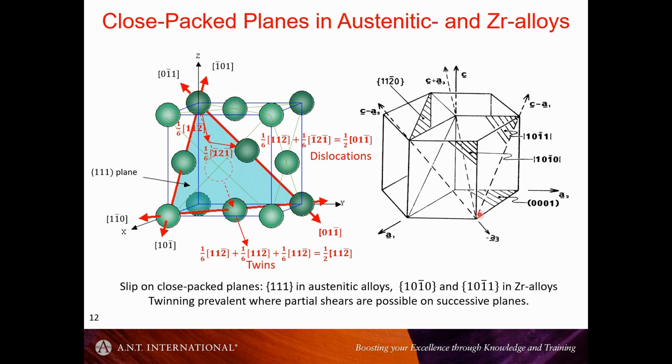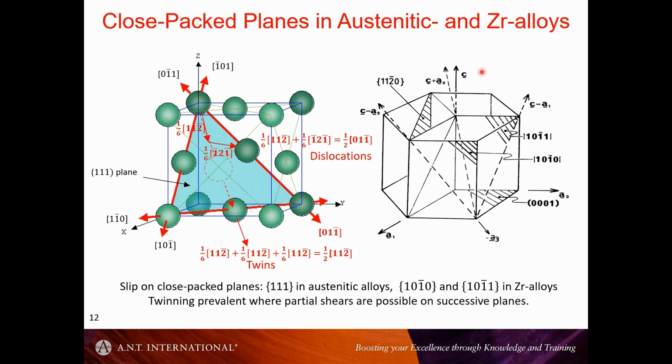This is the pyramidal plane, and the direction of slip is C plus A, or some combination of C and A lattice vectors, where the A axes are defined as shown here. I'm not going to get into Miller-Bravais notation, because many of you will be aware of it, but just know that there is this way of indexing the crystal structure.